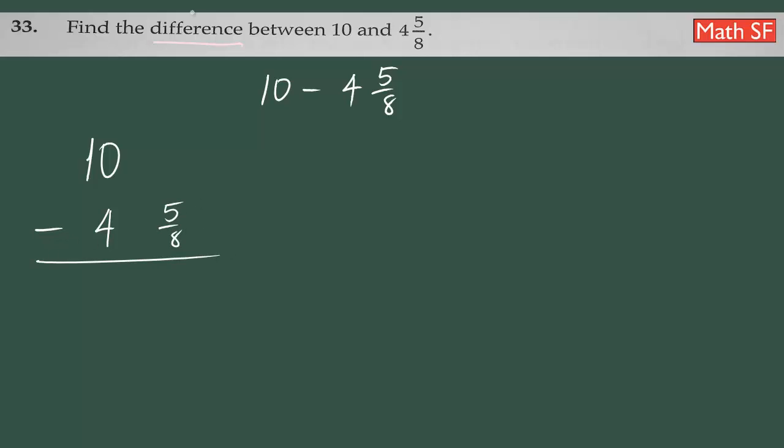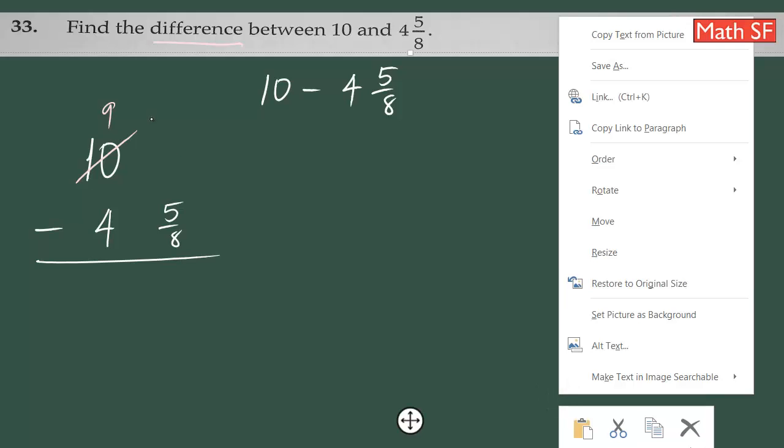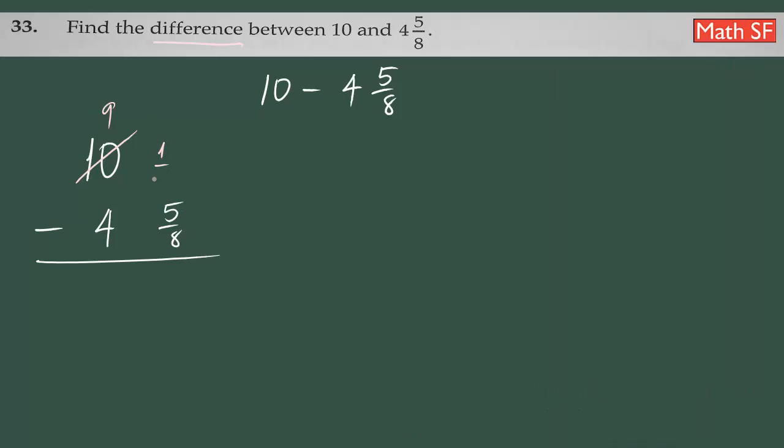So we cannot subtract 0 minus 5/8 in the fraction part. Therefore, we must say, okay, 10 borrows 1, but this 1 is going to be 1 over 1.